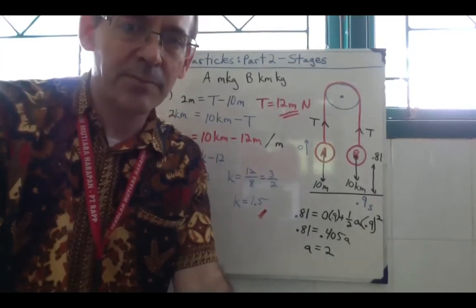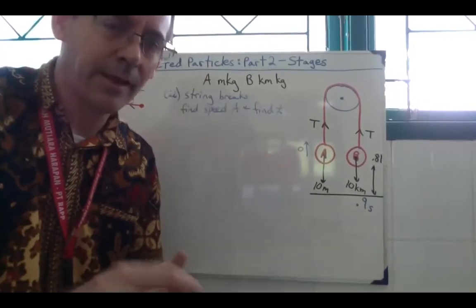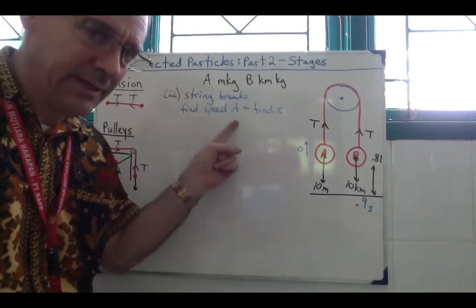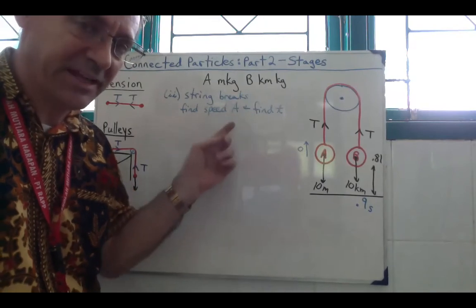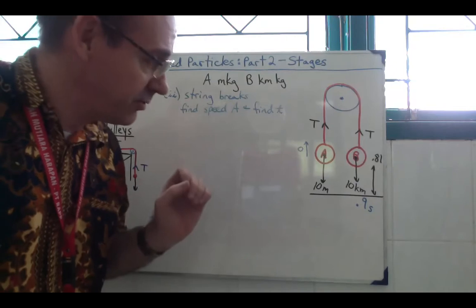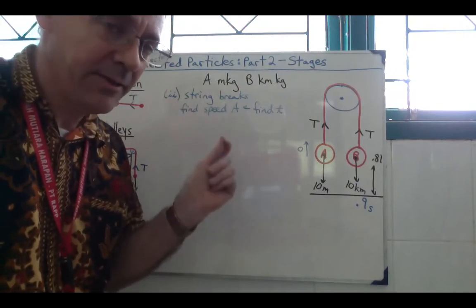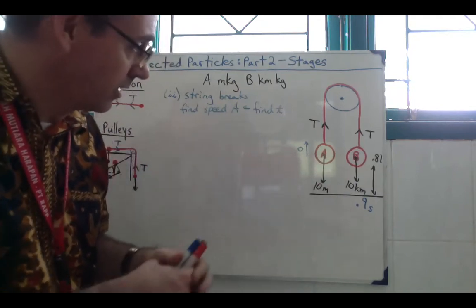Let's go back to our board, and I'm going to need to clear some space. Okay, we're looking for both the speed of A when it hits the ground, as well as how much time it takes for A to get to the ground. So the first thing we want to do is establish the velocity of A once B hit the ground and the string broke.